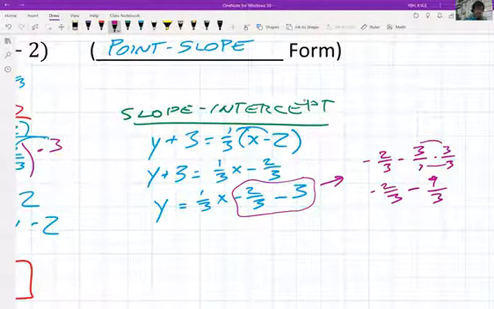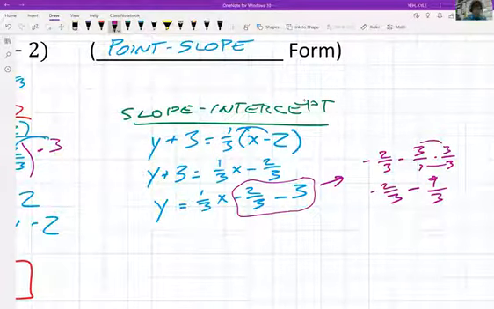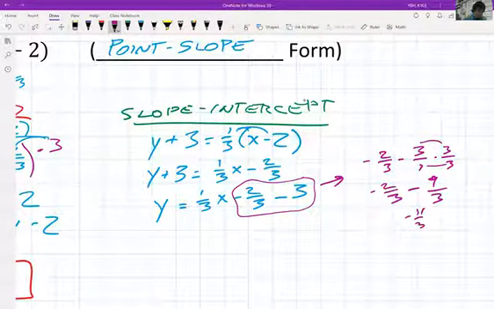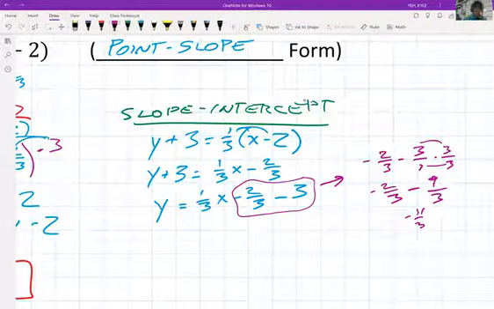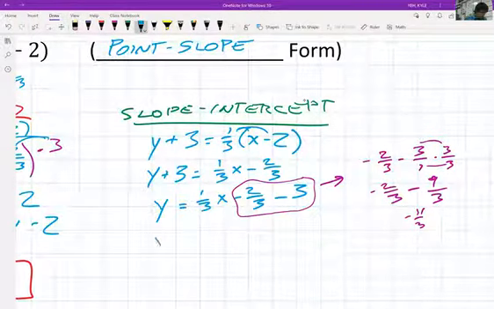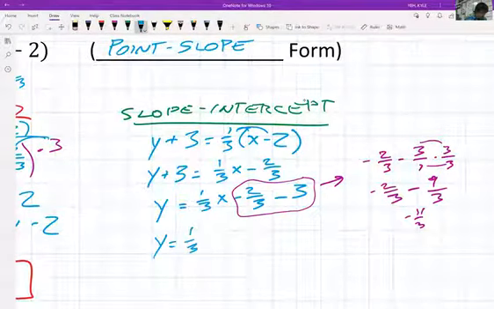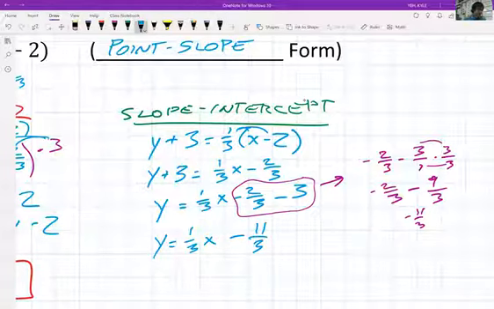And now we can combine them. Negative 2/3 minus 9/3 will give me negative 11/3. So sometimes I'll do this. I just like to do some of that work off on the side. Y equals 1/3 x minus 11/3. That way it's off to the side, doesn't really clutter things up too much.